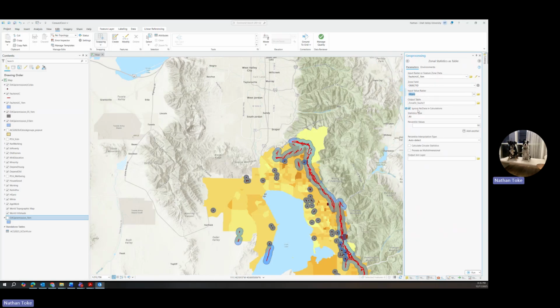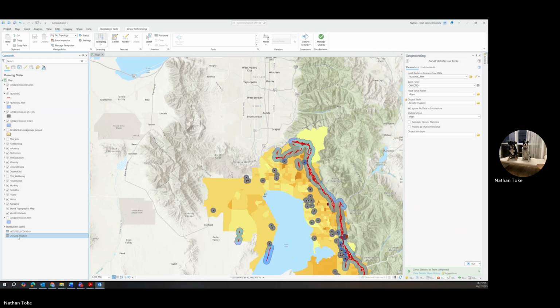We're going to look at the statistics of that, look at the mean, and we'll ignore no data in the calculations. We're going to output that as zonal stats fault high ed. Okay, so we'll run that.